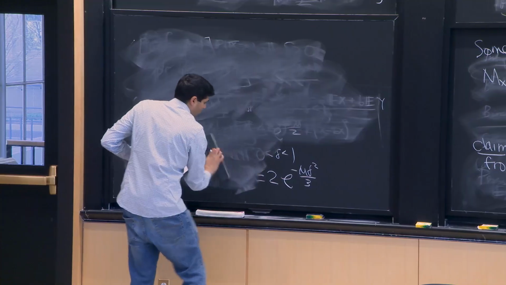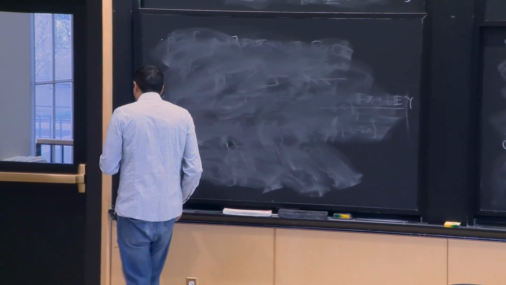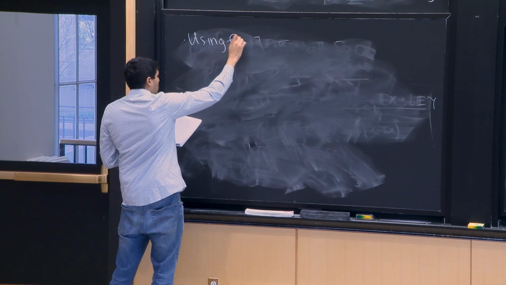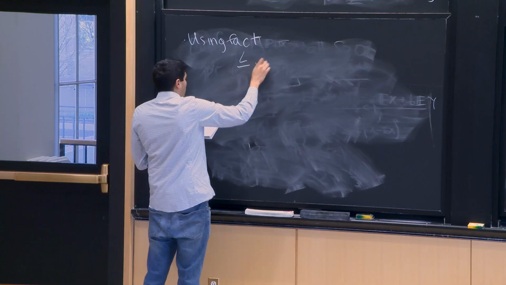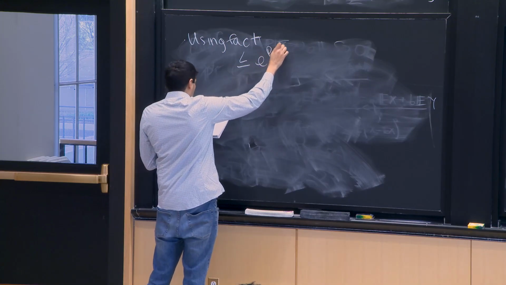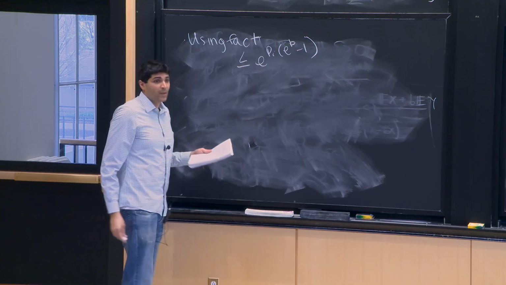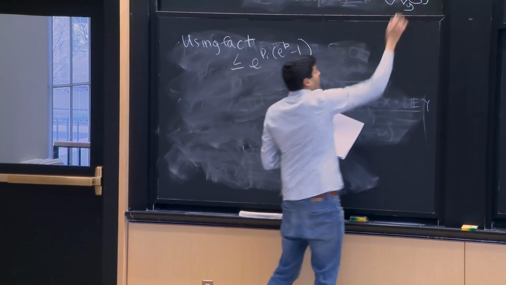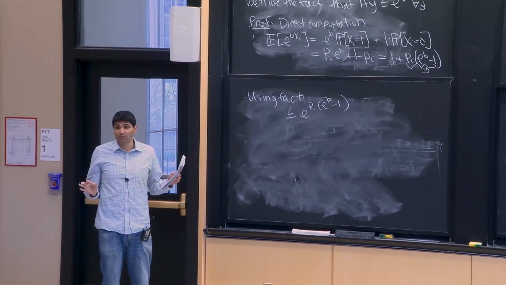I have something that looks like 1 plus y, and I'm going to upper bound it by e to the y. So using our fact about exponentials, we get that the moment generating function is at most e to the pi times (e to the b minus 1). Literally all I'm doing is appealing to the fact where this is my y right here. And that's the end of the proof for lemma 2.